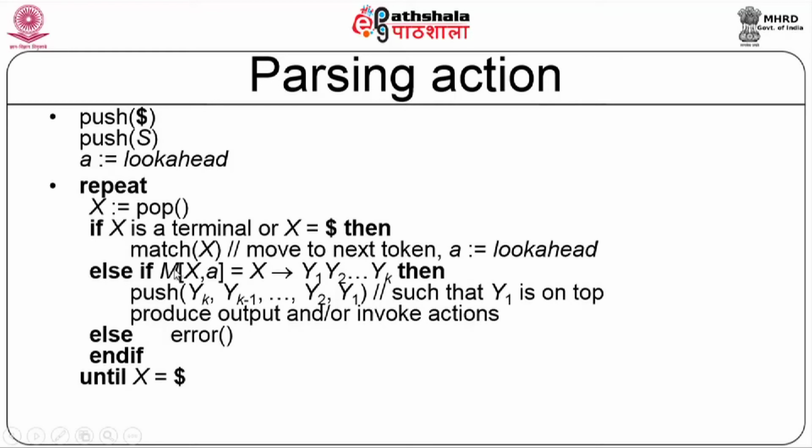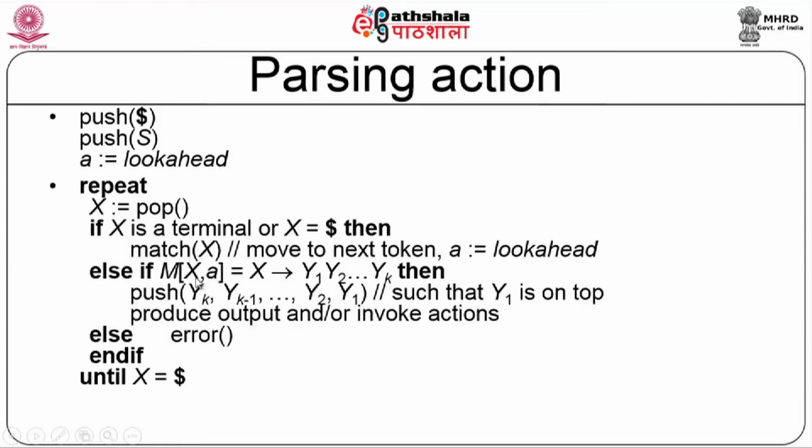On the other hand, if the stack symbol is x and the input symbol is a, that is, if x is a non-terminal and a is a terminal, in that case you go to the table entry and check what production matches this combination of x comma a.